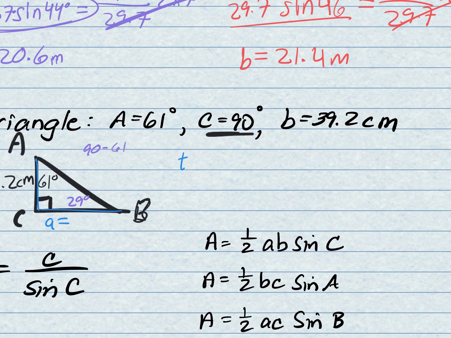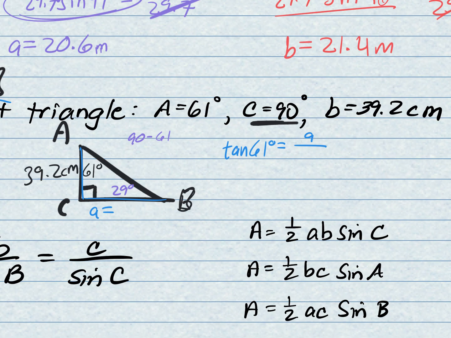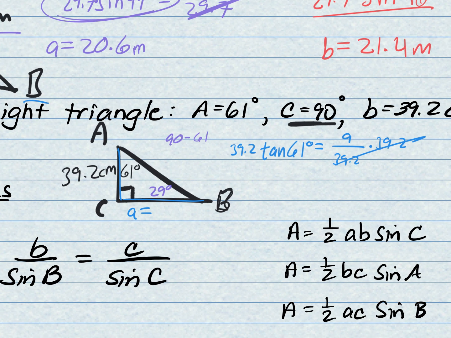So we can say tangent of 61 is going to be A over 39.2. And then we can multiply both sides by 39.2 to get A by itself. 39.2 times tangent of 61 is going to get us for side A 70.7 to the nearest tenth, centimeters.